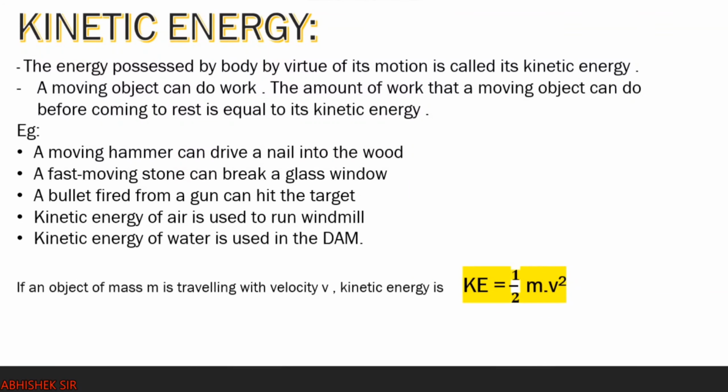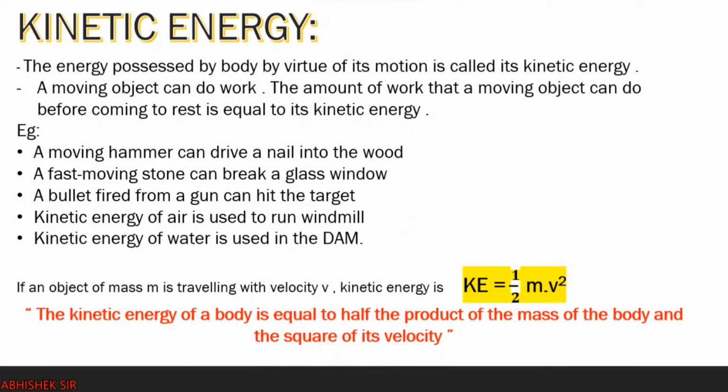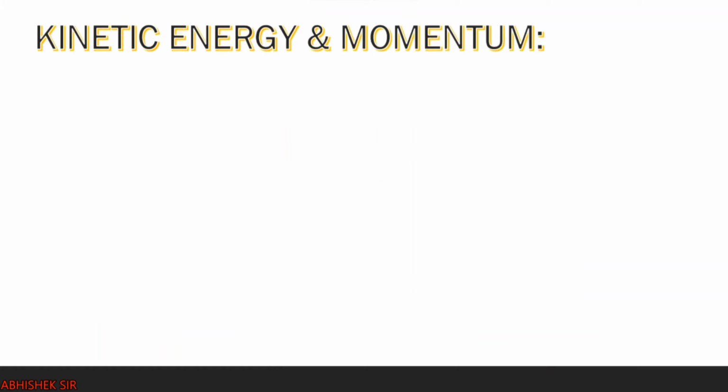If an object of mass m is traveling with velocity v, the kinetic energy of that body is half mv square. This concept you already studied in 9th standard, so it is just a revision. The kinetic energy of a body is equal to half the product of the mass of the body and the square of its velocity.